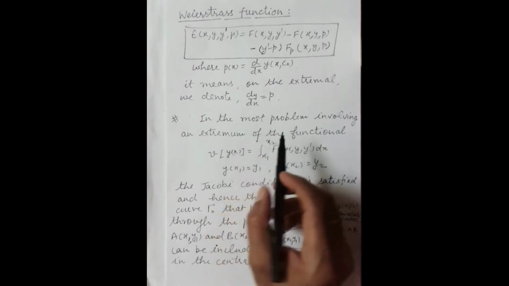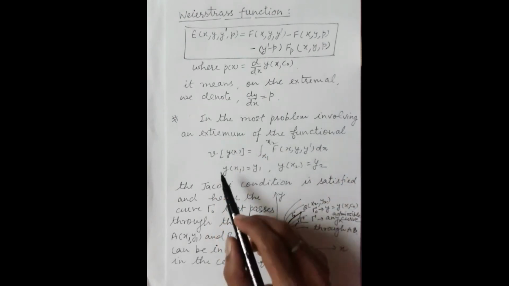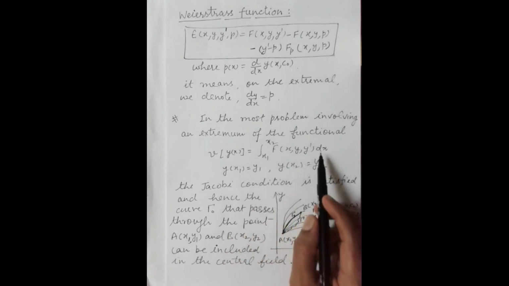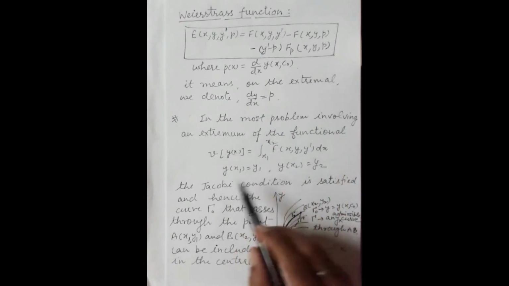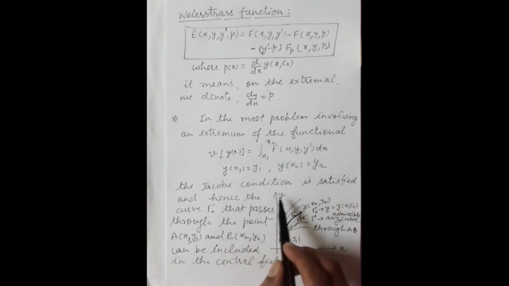Now in the most problems involving an extremum of the functional V(y) equal to the integral from x1 to x2 of F(x, y, y') dx, with boundary conditions y(x1) equal to y1, y(x2) equal to y2, the Jacobi condition is satisfied.